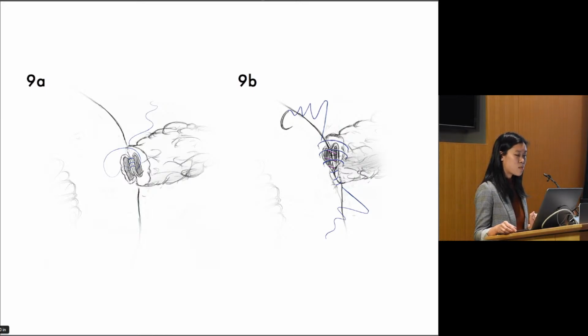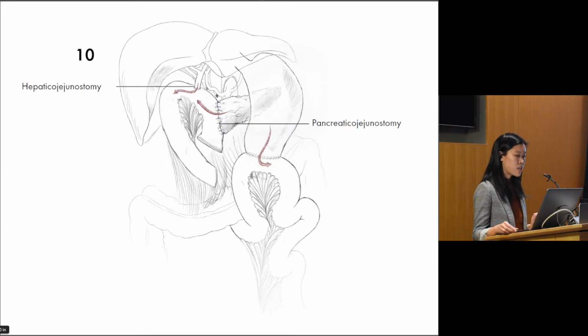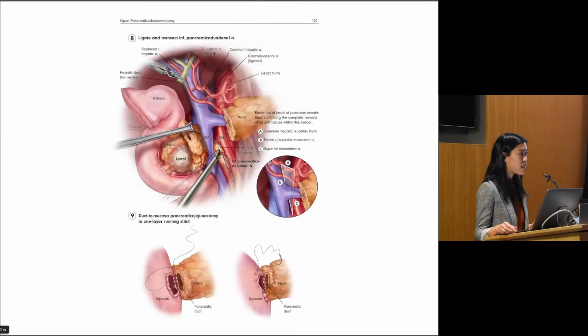If the pancreas is particularly fibrosed, only one layer of running sutures may be needed, as shown here in these sketches. The hepatic duct is reattached through a hepaticoduodenostomy, and the stomach is then reattached through an antecolic gastrojejunostomy. For my final illustration, I chose to render step 8 and step 9.